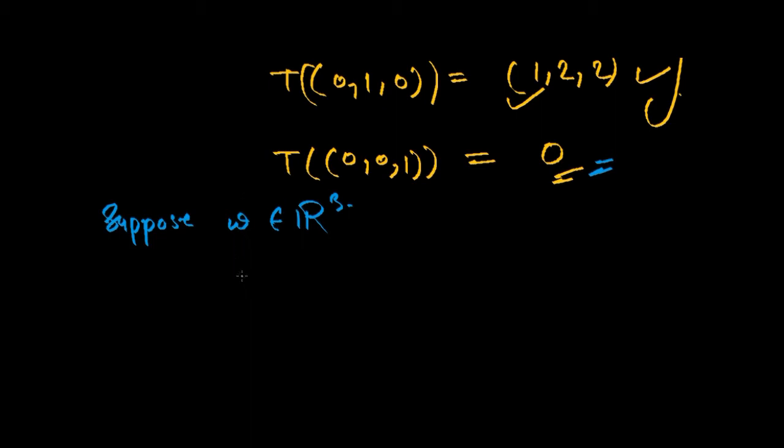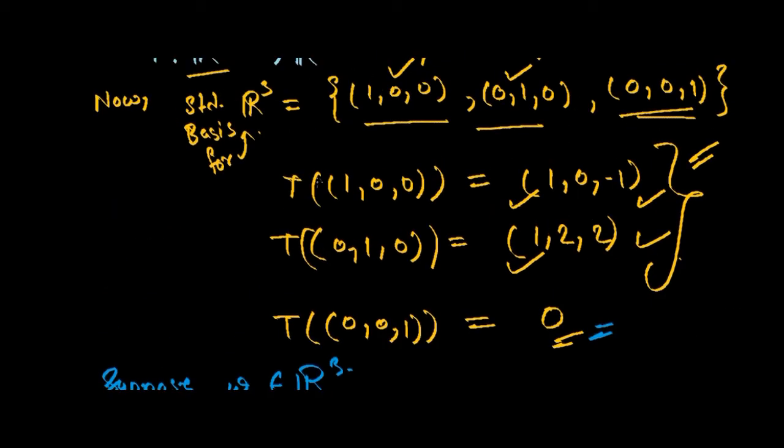As we know, any general vector in R3 can be written as a linear combination of the basis elements of R3, the standard basis elements. The standard basis of our R3 has the vectors that we defined above, these three vectors.